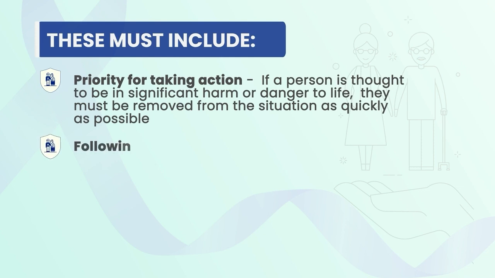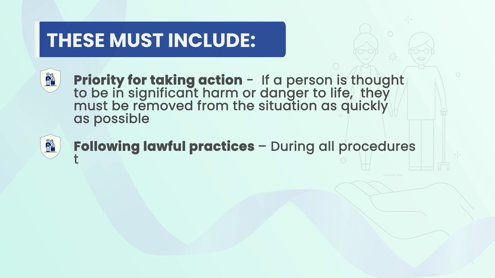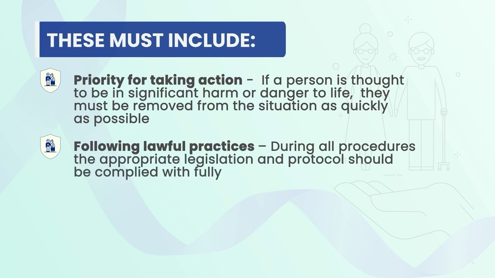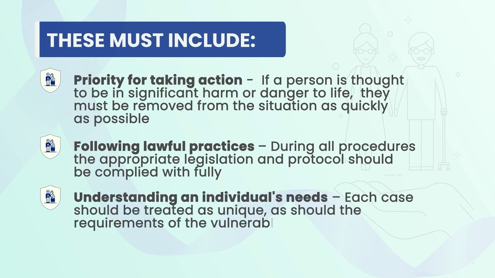Following lawful practices: during all procedures, the appropriate legislation and protocol should be complied with fully. Understanding an individual's need: each case should be treated as unique, as should the requirements of the vulnerable adult affected by it.